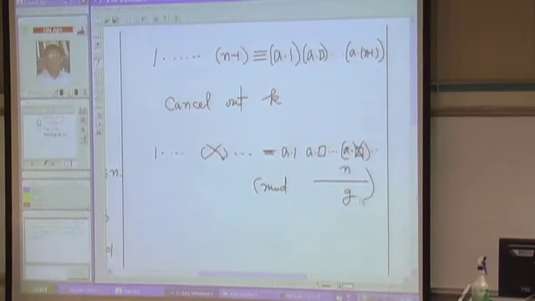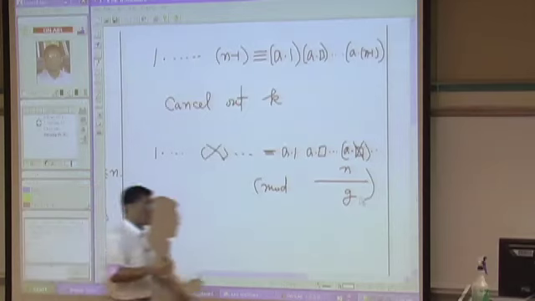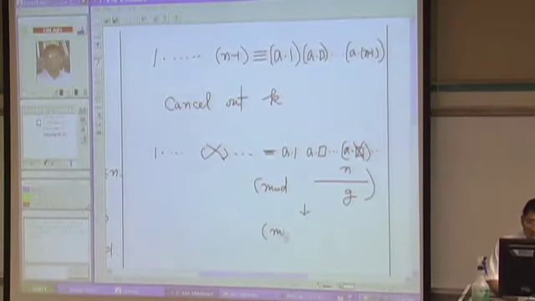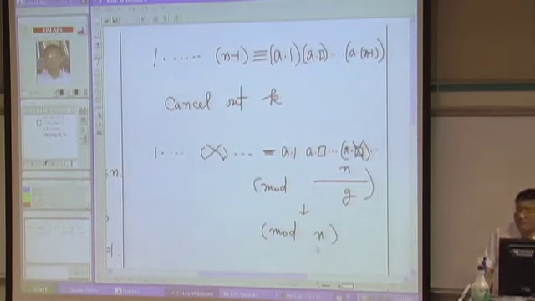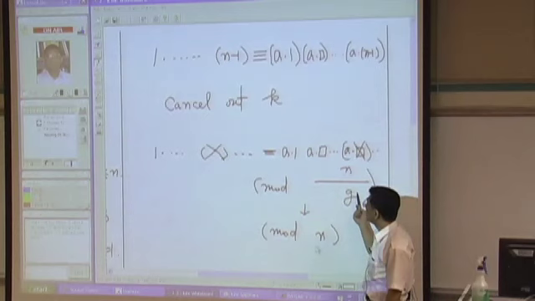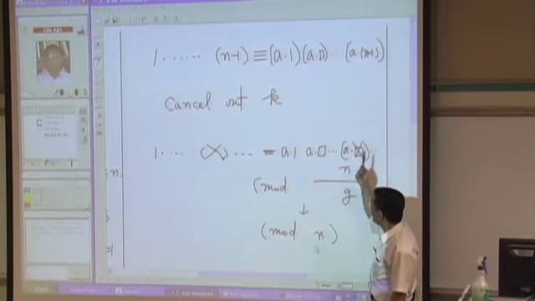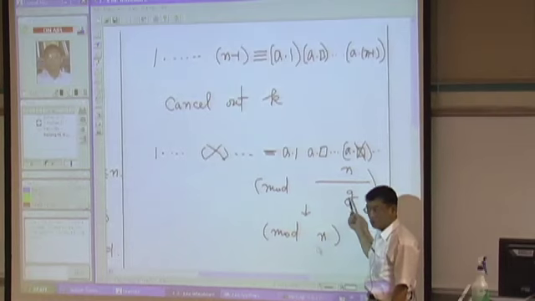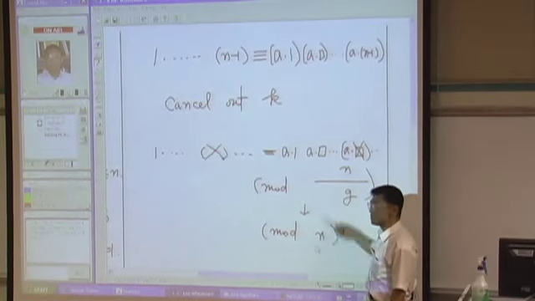What is the g? The GCD, right? What is the GCD? 1. So we can replace this by mod n, because the GCD of k and n is 1. When you apply the cancellation rule, we should divide the modulus by the GCD, g. But the GCD happens to be 1, so it doesn't change.